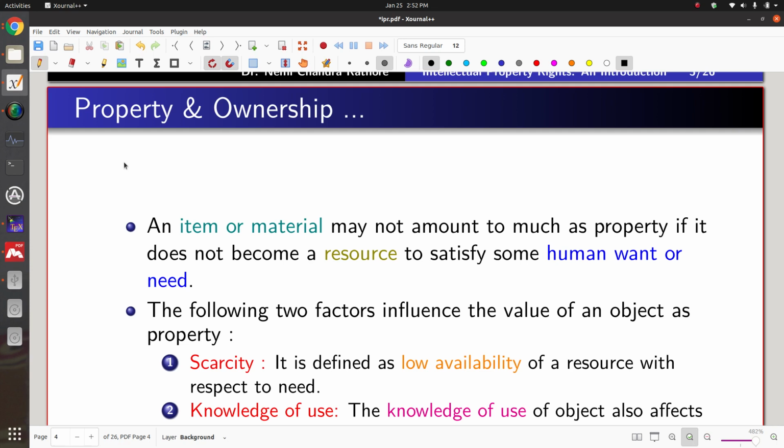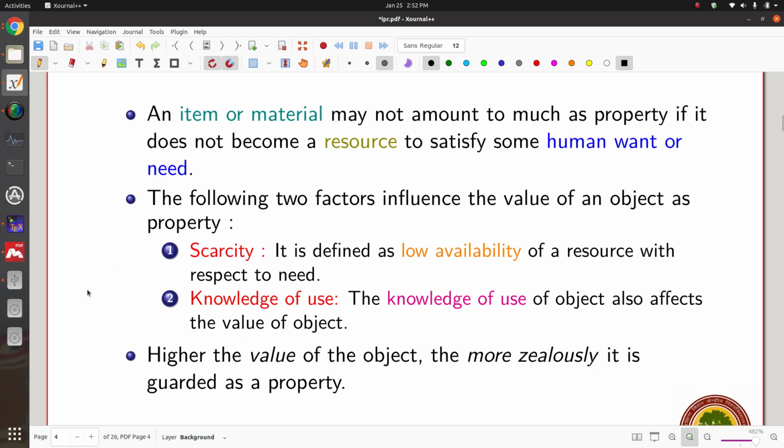Okay, so now the question arises: what are the factors that influence the value of an object? There are different parameters, you might have heard some of them. One is scarcity. Suppose there is a property whose availability is very low in comparison to the need, obviously it will become of higher value.